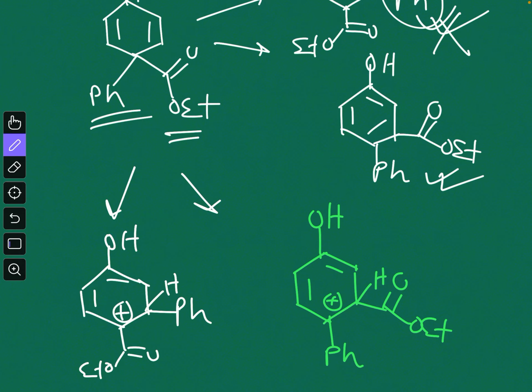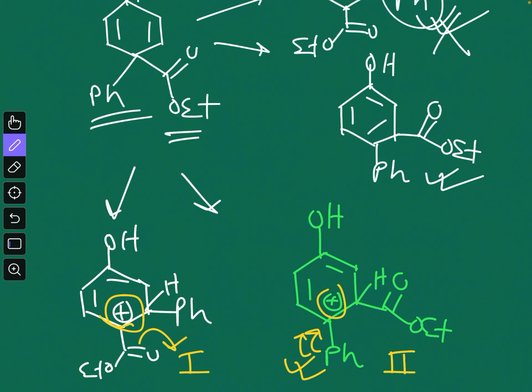Now if you consider the stability of these two, intermediate 1 and intermediate 2, definitely this is the most stable intermediate. Why? Because this positive center is stabilized by electron donation from this phenyl group, because phenyl can donate electrons through resonance. But in this case this positive center is destabilized, because this group is electron withdrawing, both by its pi electron withdrawal as well as by the inductive effect.